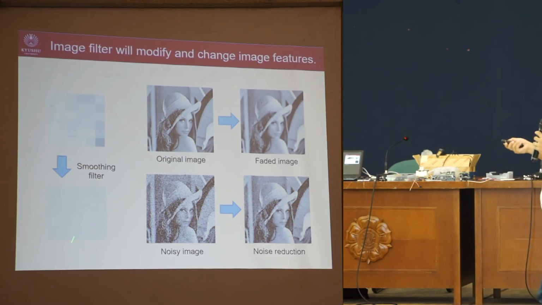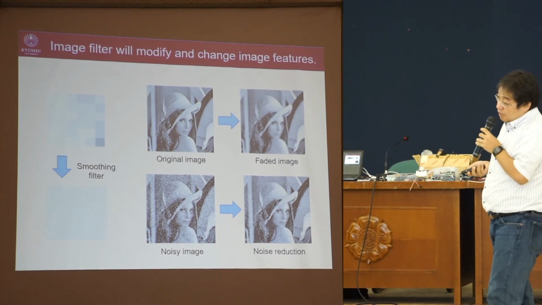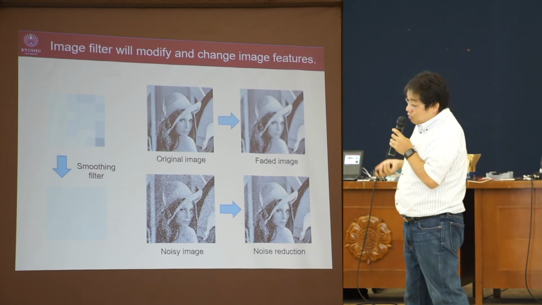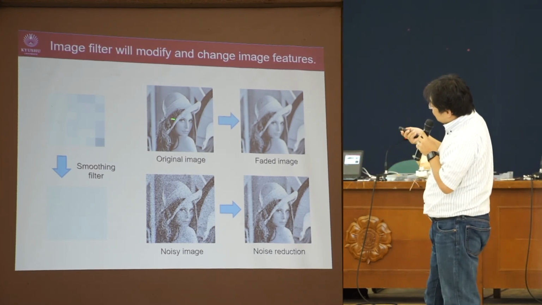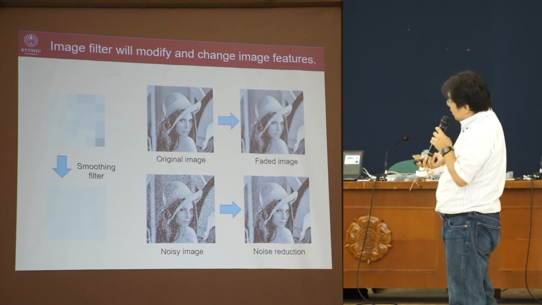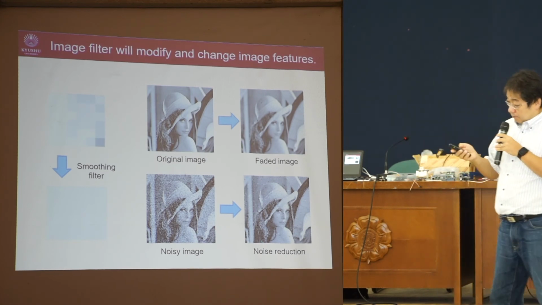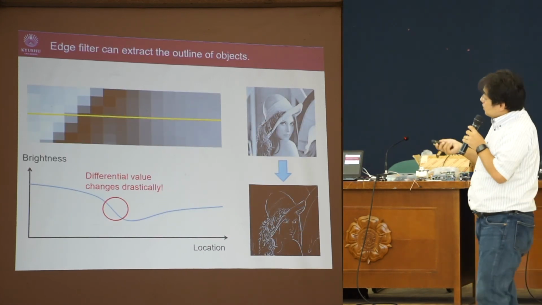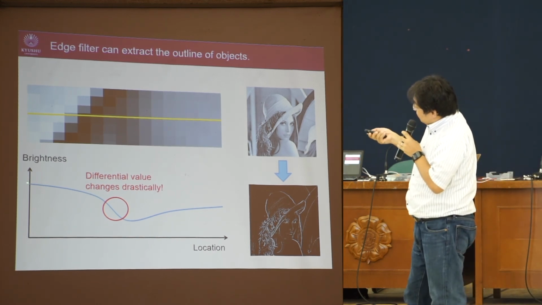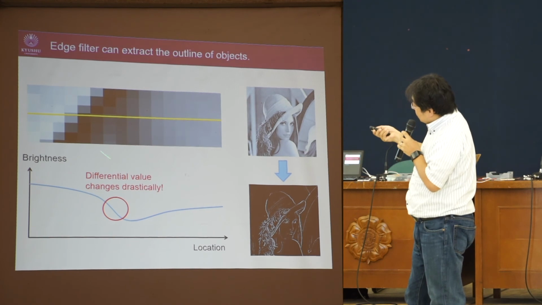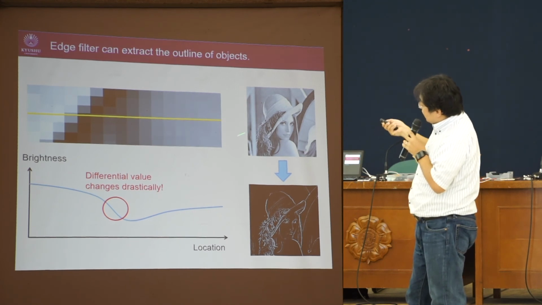And smoothing to reduce noise data: the smoothing filter is very important, very effective. So this is the original image, this is the noise image. So we apply the smoothing filter, so noise reduction can be done like that. And this is the edge filter. This is a brightness curve of this location, this line.